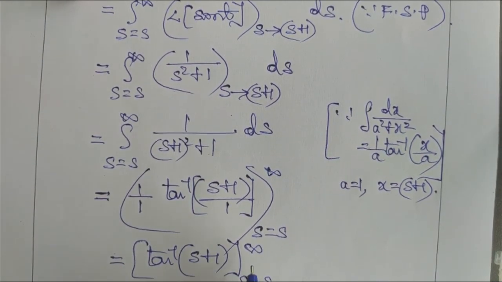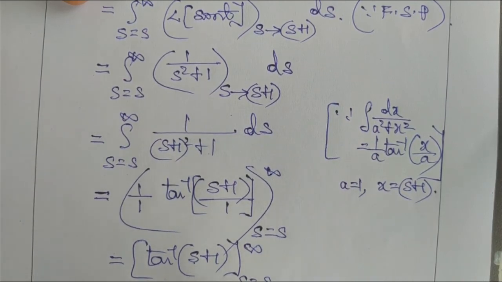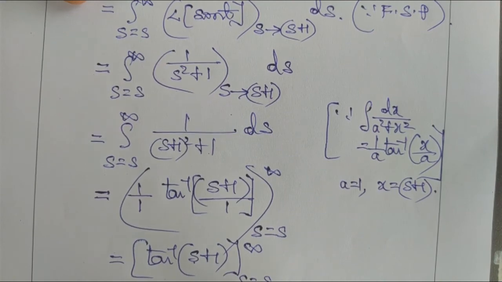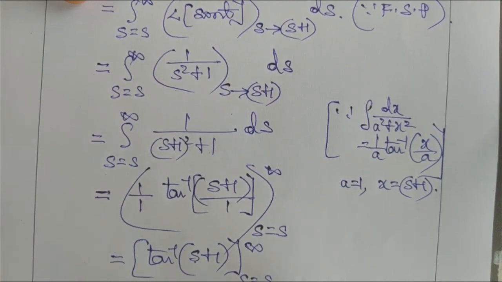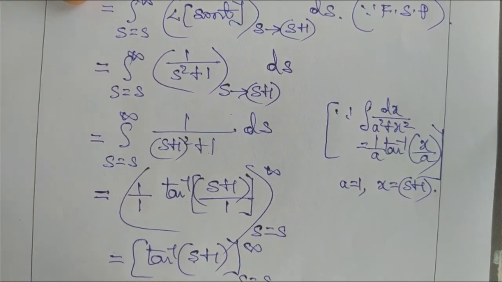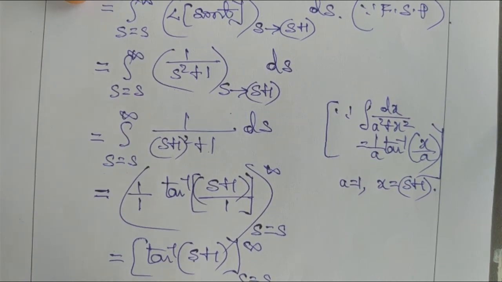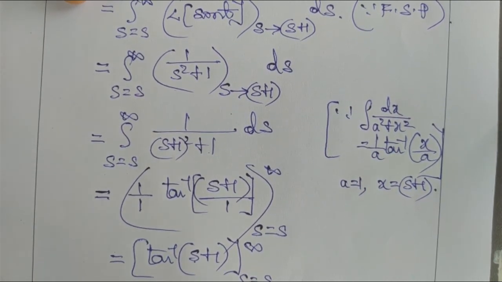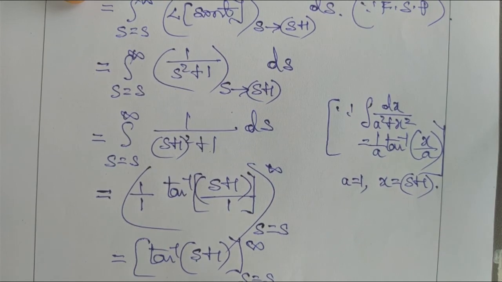The tan inverse of infinity plus 1 is infinity only. Remember, infinity plus 1 is infinity, because it is a very large value. Minus tan inverse of s plus 1. You know tan inverse of infinity is pi by 2, so it is pi by 2 minus tan inverse of s plus 1.